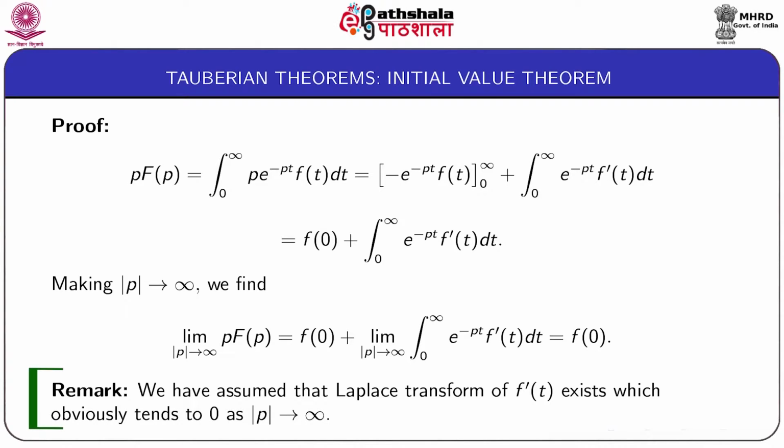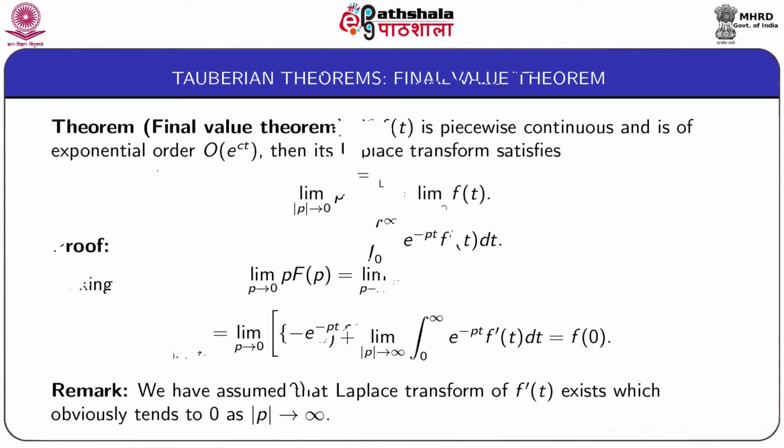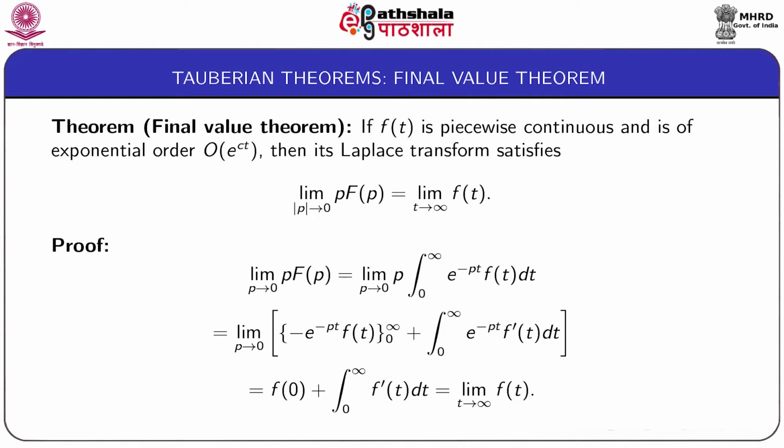We may remark here that we have assumed the Laplace transform of f dash t exists, which obviously tends to 0 as mod p tends to infinity. So we have proved the initial value theorem.